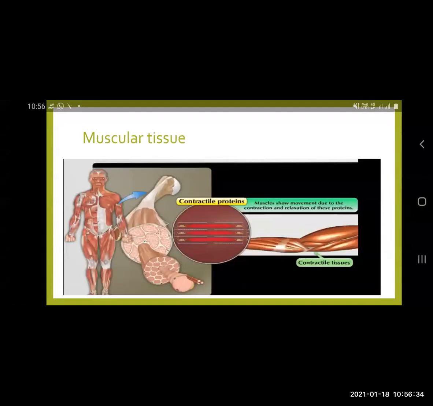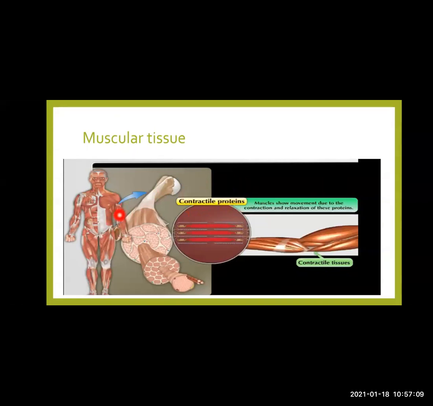How does this movement take place? Now, this movement takes place because of a special feature of the muscular tissue. What is that special feature? Our muscles can contract and relax. Do you know why this happens? Contraction and relaxation of the muscular tissue is due to the presence of contractile proteins.